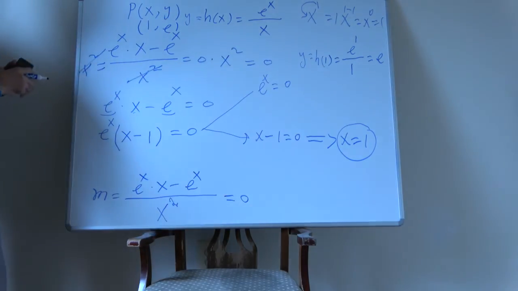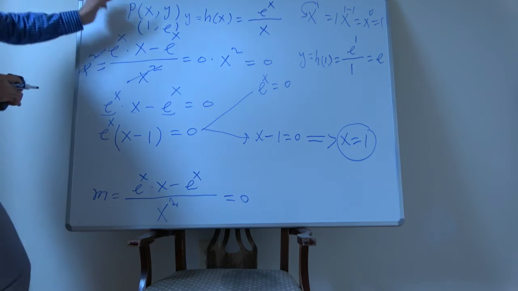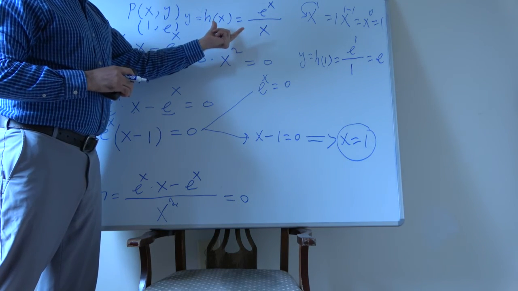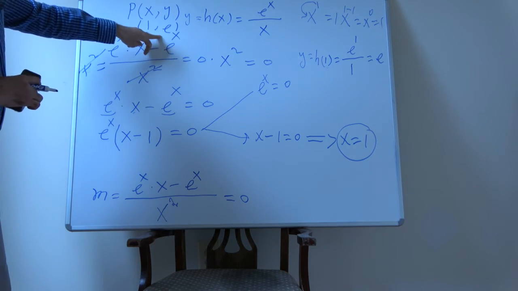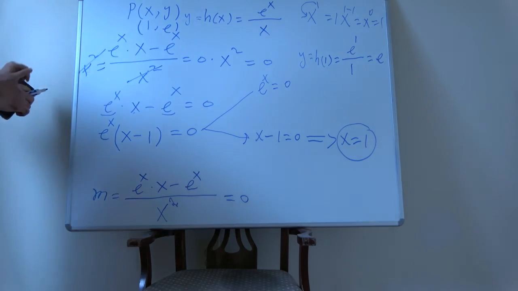So we found the point at which the graph of h(x) has a horizontal tangent, and the slope at this point would be 0.